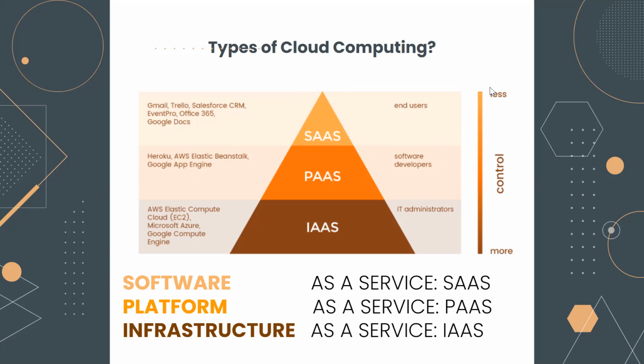You can see this gradient here as to how much control you get into the actual implementation per each level. Platform as a service is definitely giving you more control than software as a service. The amount of modifications that you can do with platform as a service is a lot more.